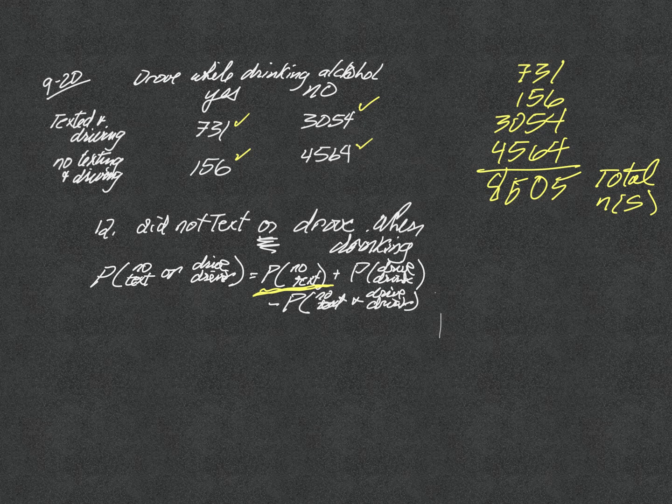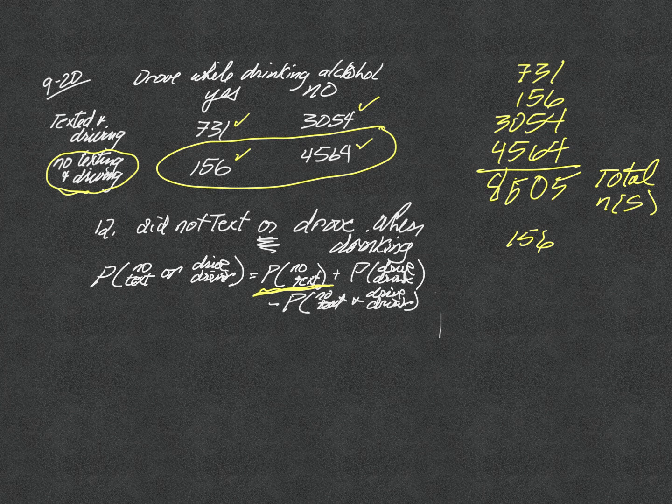And to find that probability of not texting, what I see is the no texting people are these people right here. It's that group of people. So I need 156 plus 4564, which is 4,720.